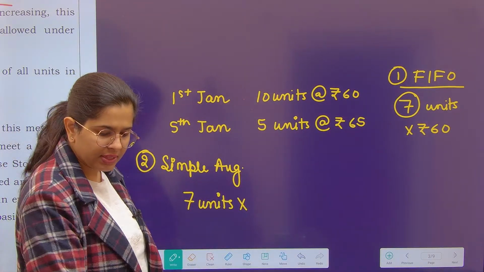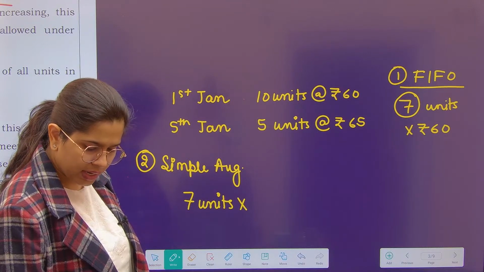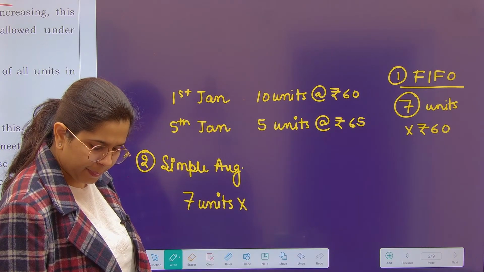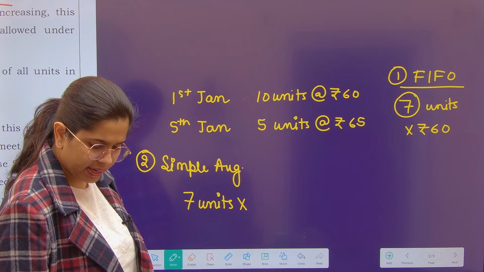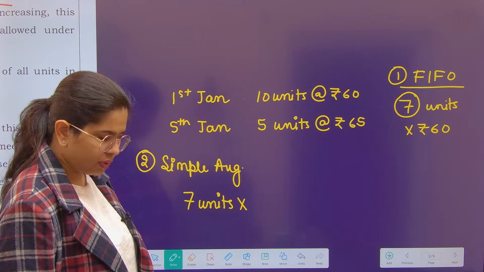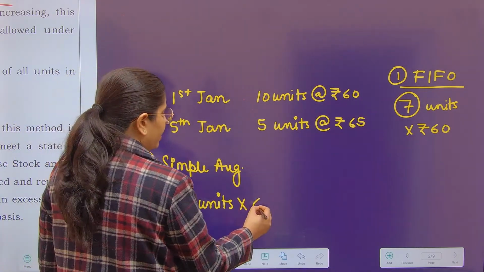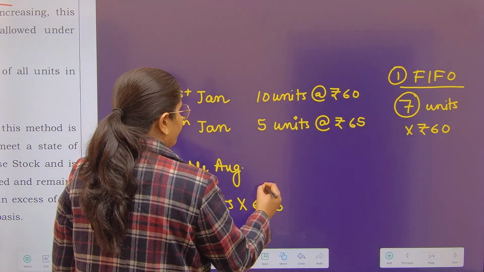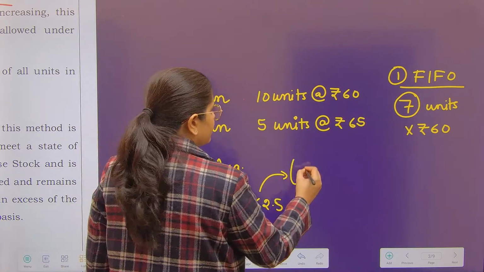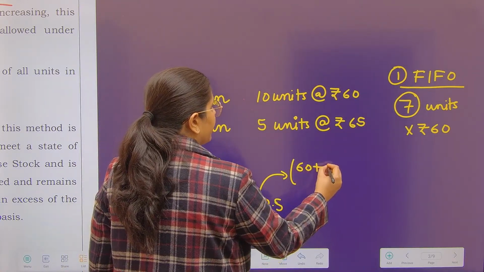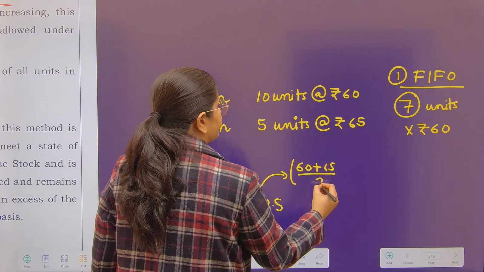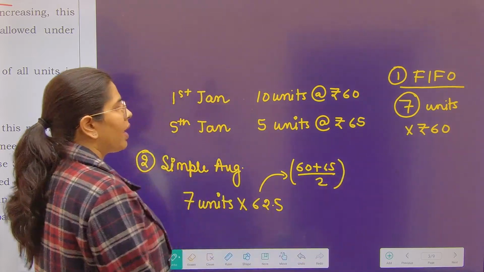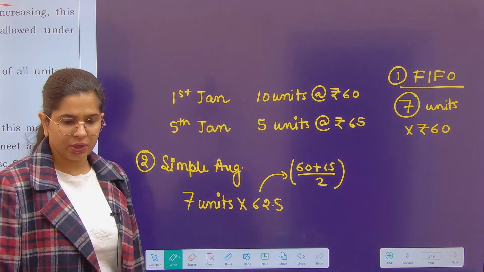Please add both of these. So what I'll do is 60 plus 65 divided by 2. That means 62.5. What I did was just find an average of this. This is the simple average of the prices. Now I will do the valuation at this particular price.